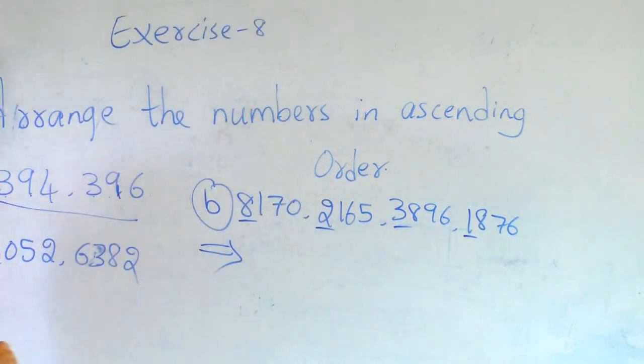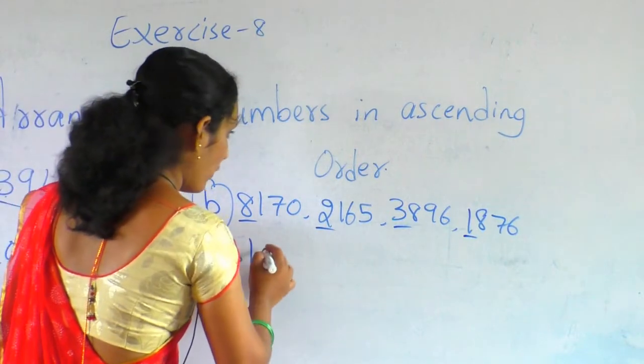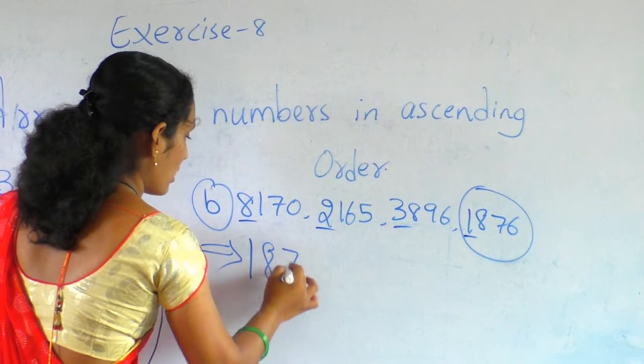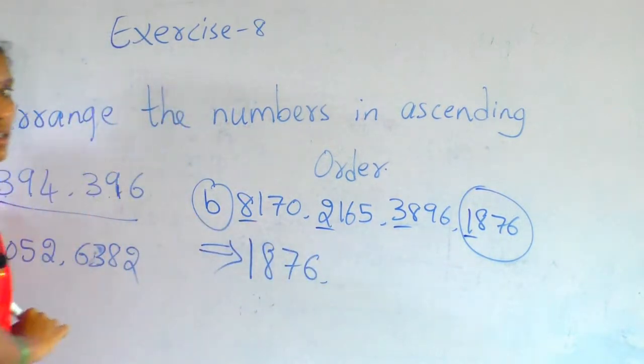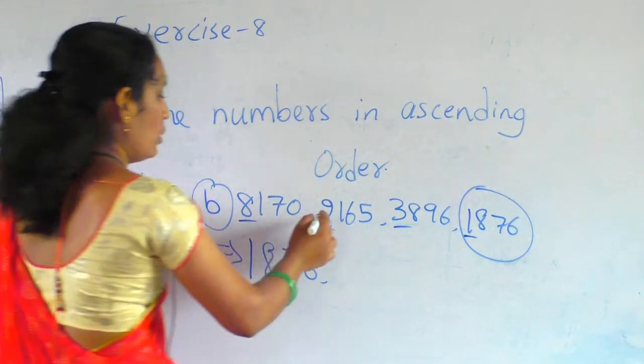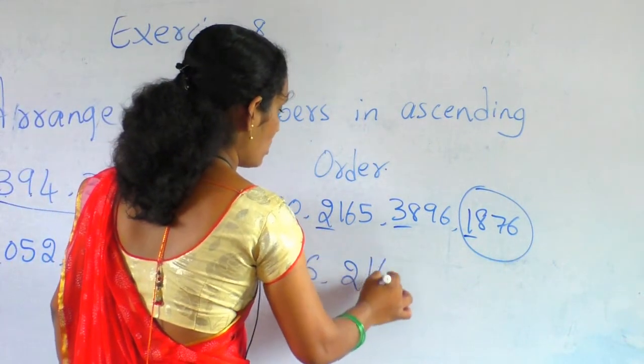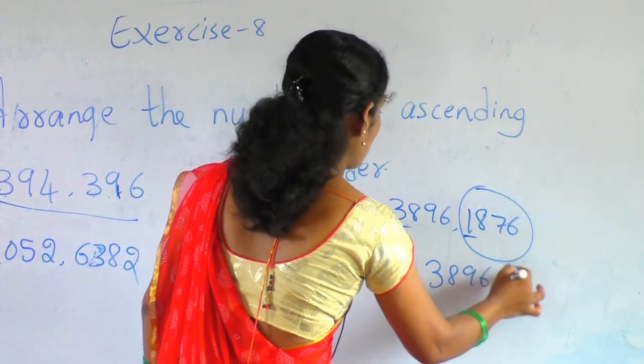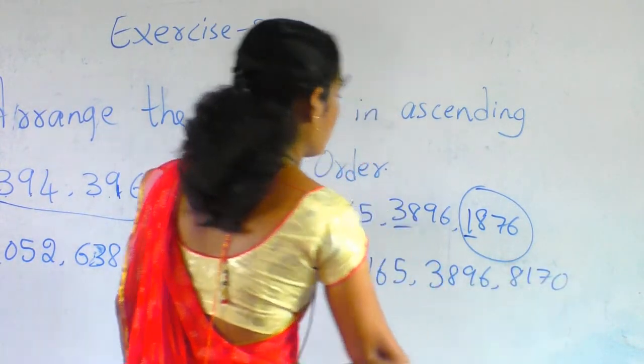Which is a smaller number? 1. So automatically first I will write this number 1876. Second 2165. Next 3896. Next 8170.